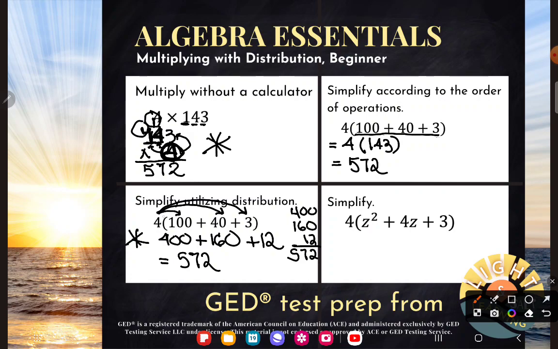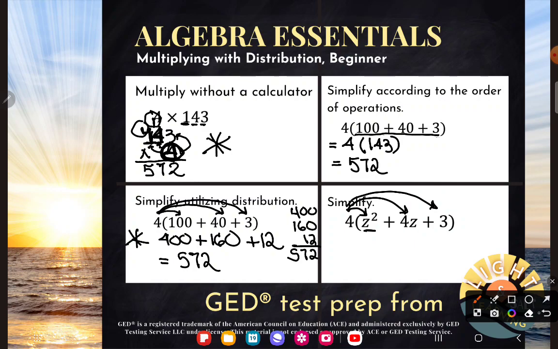If I could pass out this 4 to these 3 terms when it was plain old numbers, I ought to be able to do the same thing here. So again, it looks a lot like 4 times 143, but instead of it being 100, 4 tens, and 3 ones, this time I have 1 z squared, 4 z's, and 3 ones.